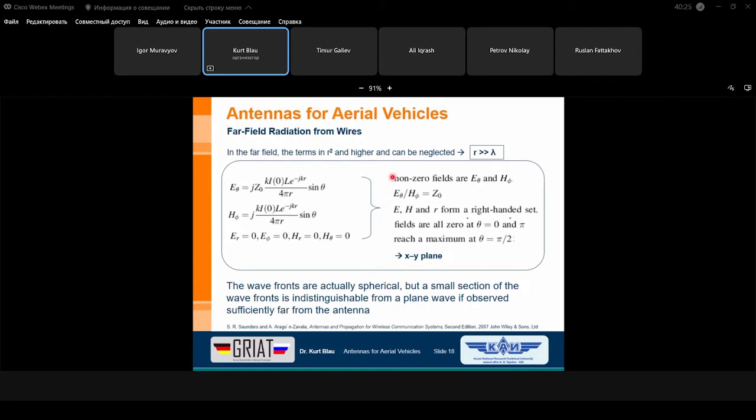You can say, okay, the E field, H field, in connection with the distance vector, form a right-handed set, and the fields are all zero at the angle theta at 0 and π, I can explain again why, and it reaches a maximum at half π. This is given in the XY plane.